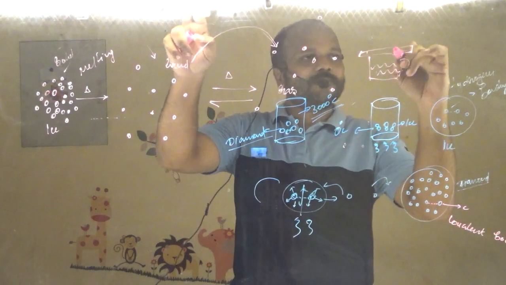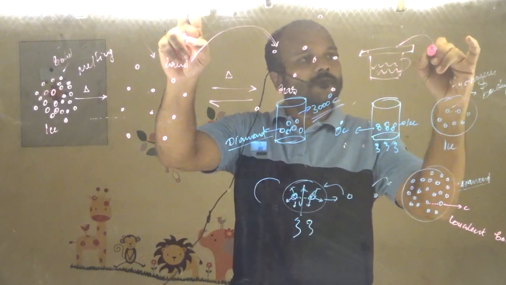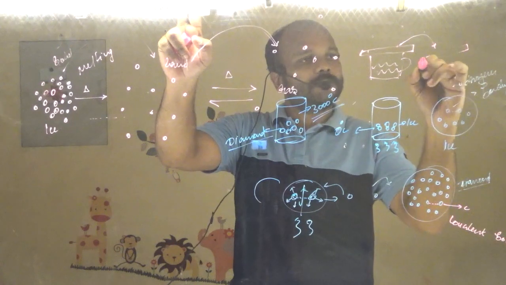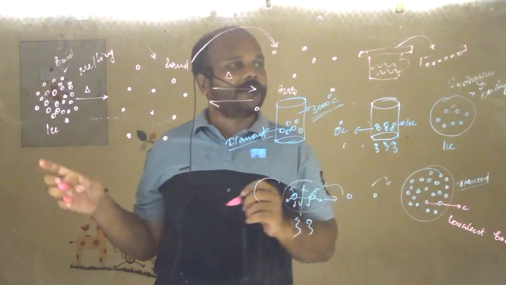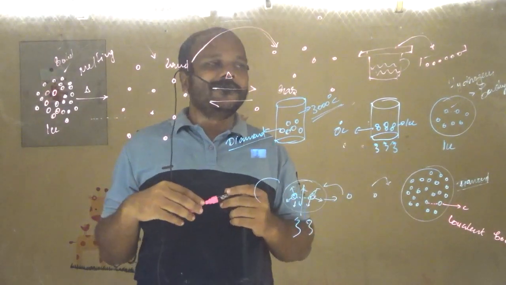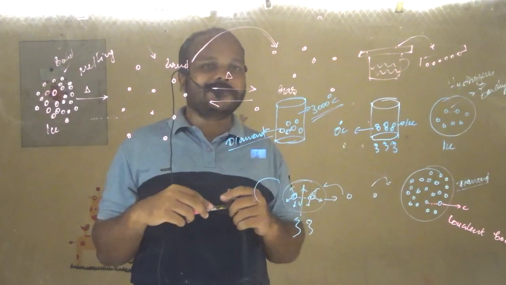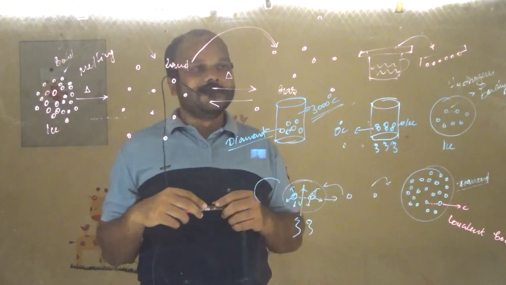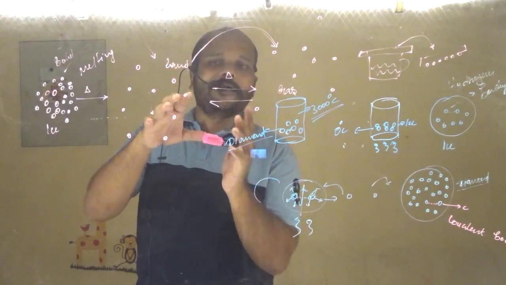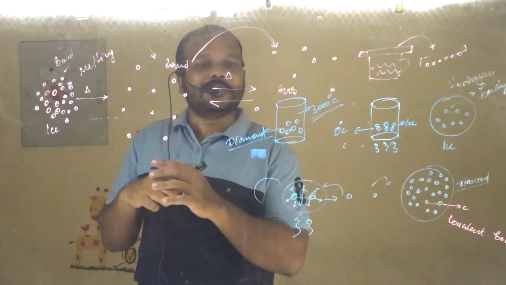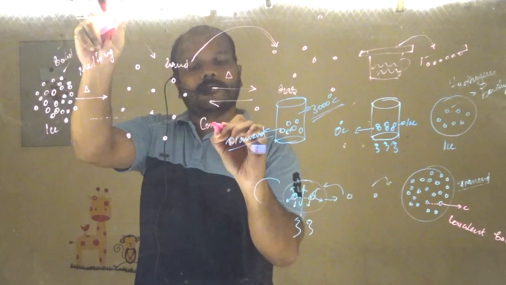After some time, if you open the lid and look, it will contain some water droplets. Obviously, you will see some water droplets. Why? Because when it is cooling, this vapor will condense and stick there. So if you cool the gas, it will come back to the liquid state. We call that process condensation.